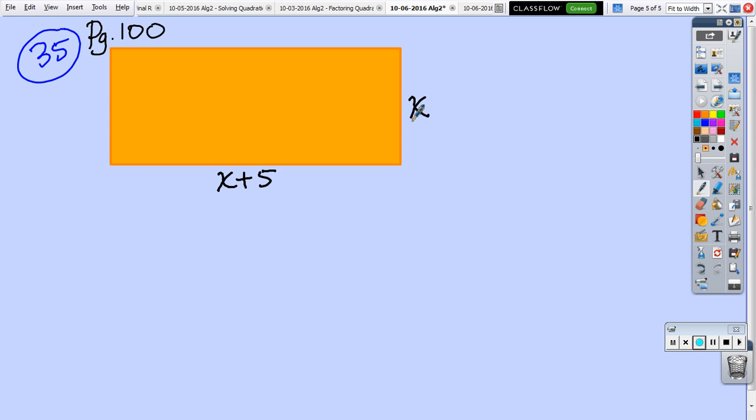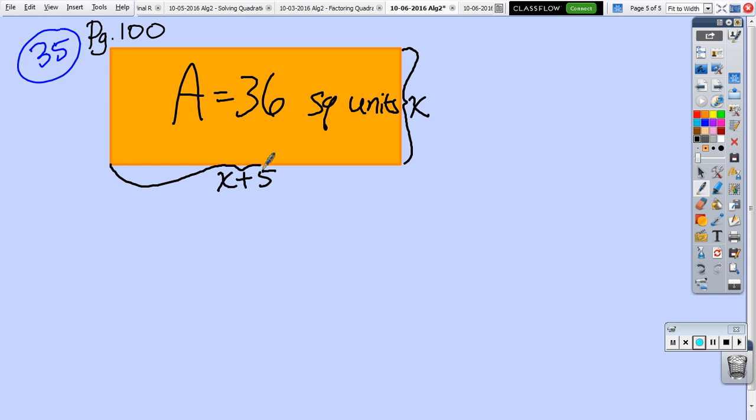The area is 36. To be a little bit more specific, they probably could have said 36 square units. So this side has a length of x, and this side has a length of x plus 5.